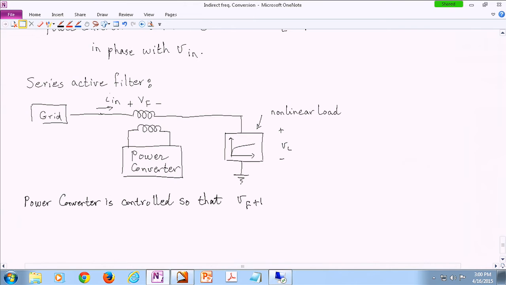You're trying to make sure VF plus VL, the load voltage plus your active series filter voltage, is sinusoidal and in phase with the input current.